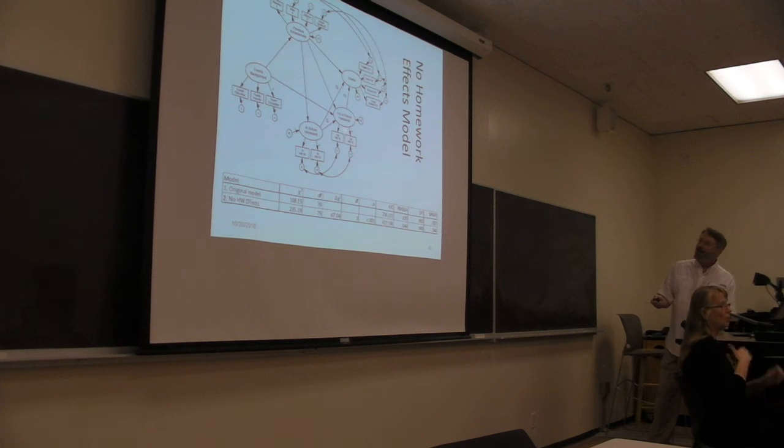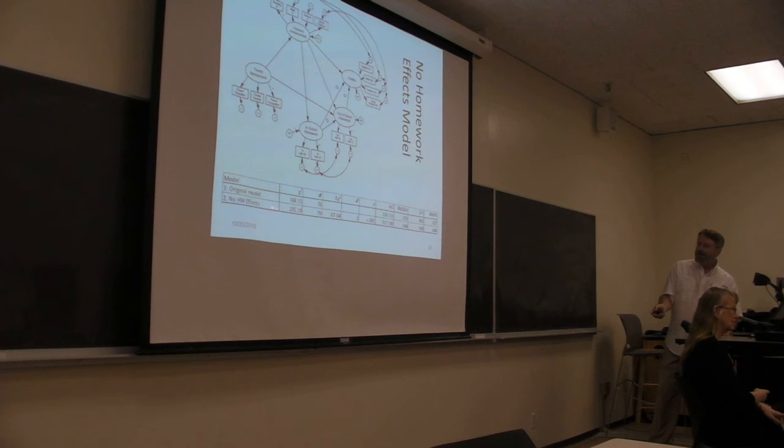If homework is really ineffective in producing learning, then this effect should be 0, and this effect should be 0, and probably this effect should be 0 as well. And so if I go in and tell the model that these effects should all be 0, which is exactly the same as simply deleting the paths, I get a model that fits worse. I mean, it still fits okay, but even here you can see that the fit is worse.